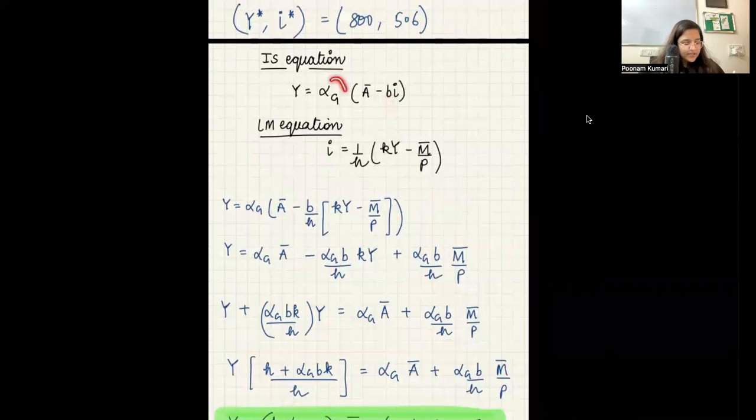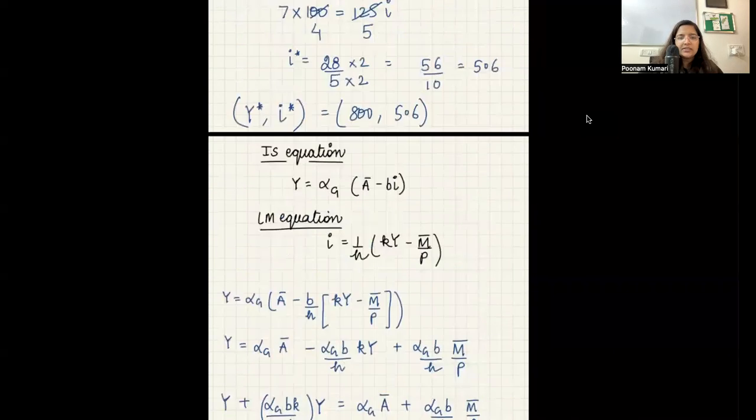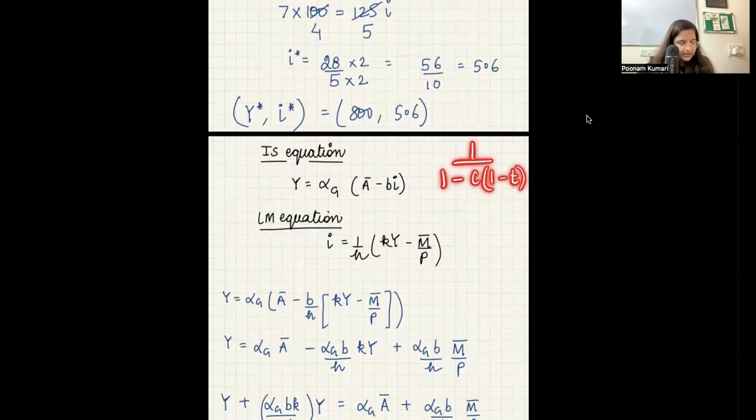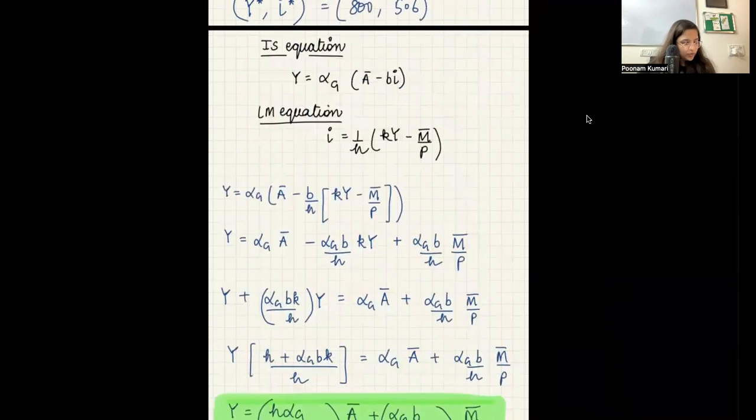And then alpha G is the multiplier, and alpha G is given by 1/(1 minus C(1 minus T)), if you have a proportional tax rate here, but in the question that is given, we do not have a proportional tax rate. Okay, fine.